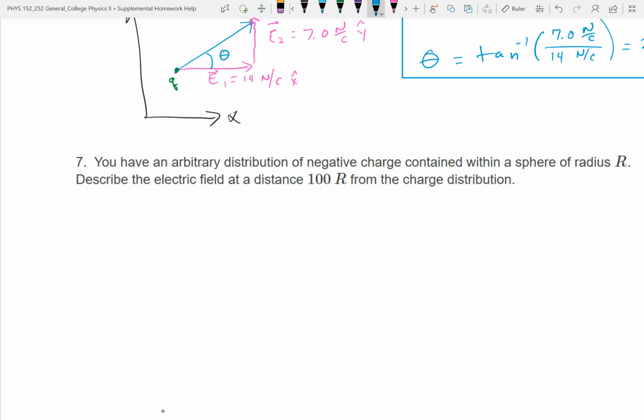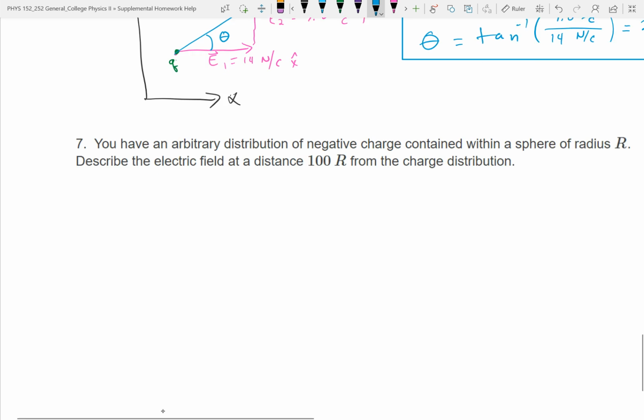Okay, so we have a sphere of radius r, and the charge is arbitrarily distributed.